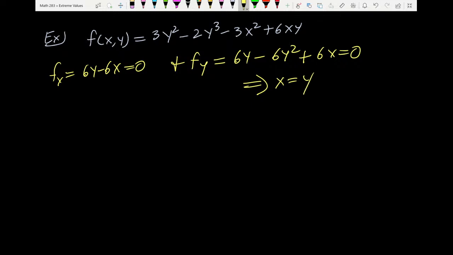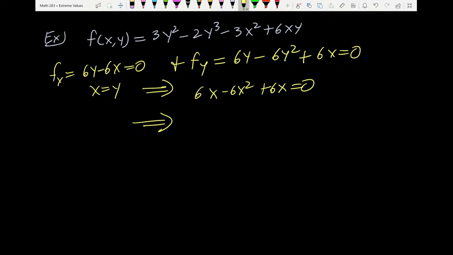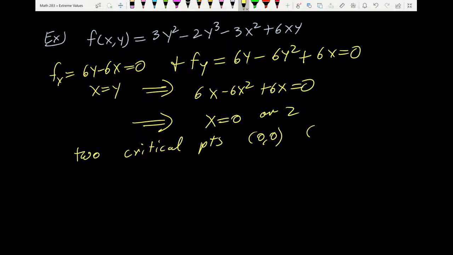And then you plug in, from that, sorry. x equals y, and from that you could get 6x minus 6x squared plus 6x equals 0. And you get, the points are what? You get x equals 0 or 2, so you get 2 critical points: 0, 0, and 2, 2.